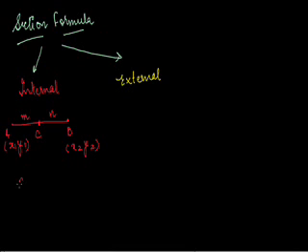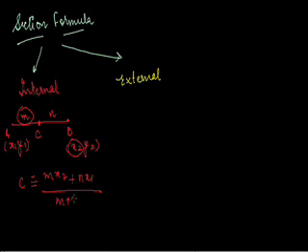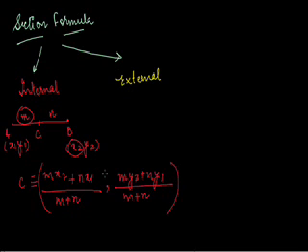So the coordinate of C was m into x2, that is we will multiply this with this, plus n into x1 upon m plus n, that is your x coordinate, comma y coordinate used to be m into y2 plus n into y1 upon m plus n. So this was the section formula that we had studied initially in class 10th.